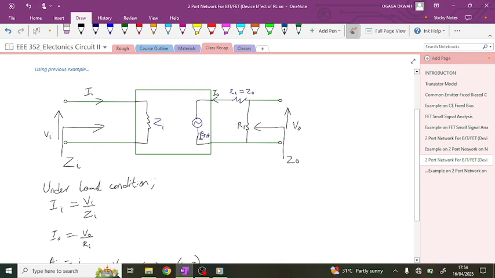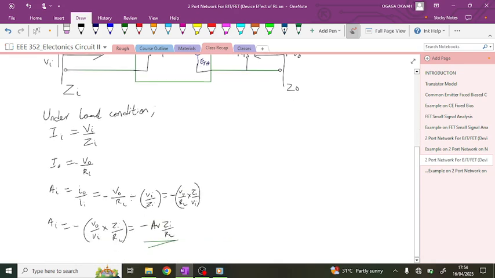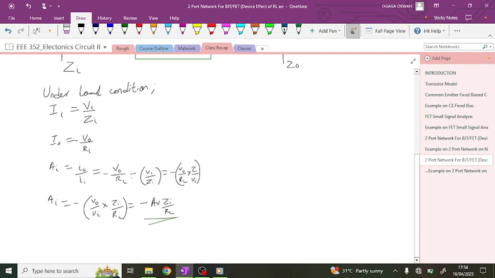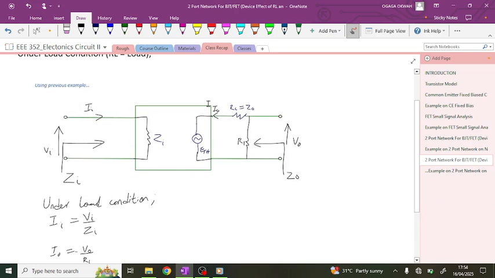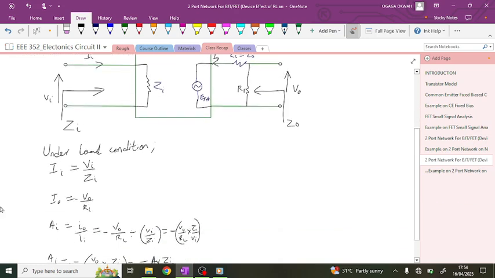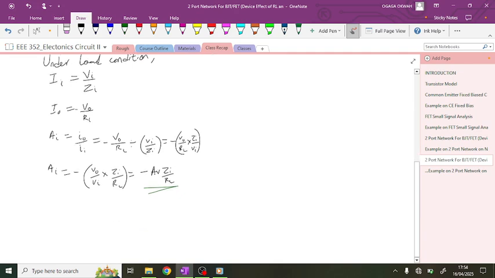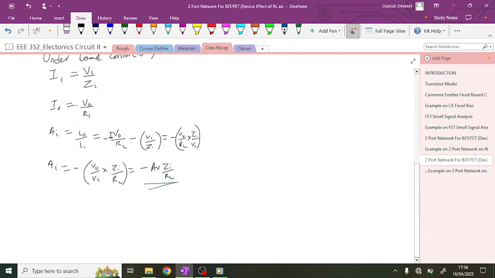If we judge our current to go in the other direction, we would have a plus sign here, and that would affect some other things. So just to keep things balanced, as we judge our current to be moving in this direction, we have a minus sign there.